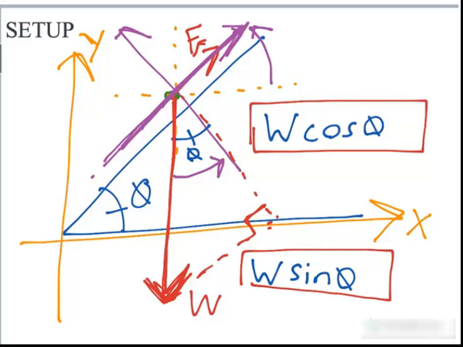So anything pointing in that direction is positive, anything pointing in the opposite is negative. So everything without friction, we have this sine component here that is pulling down, and we also have it equal to simply the mass and the acceleration that the entire system is moving at.